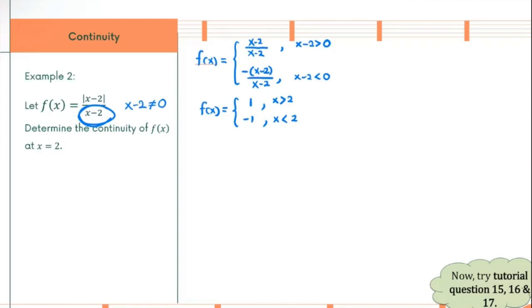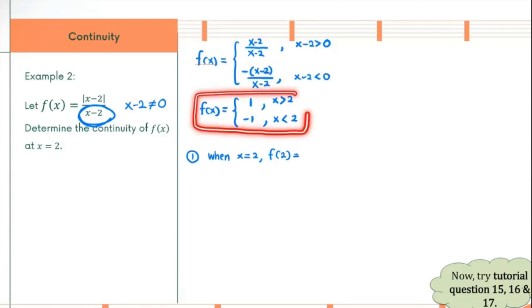So, saya akan tunjukkan by the first condition. So the first condition, kita kena cari value of f of 2 when x equals to 2. Okay, unfortunately, dekat our piecewise function, dia tak ada equal sign. Okay, that means f of 2 does not exist.